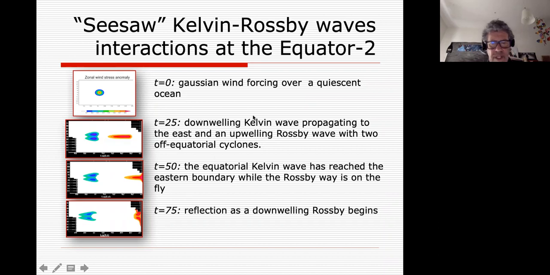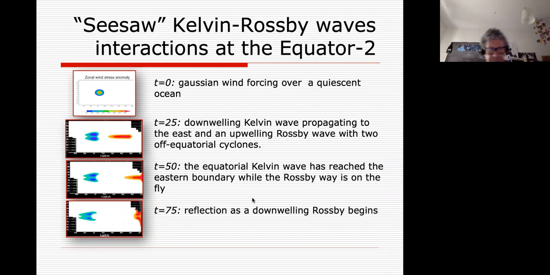The red, as I told you, means a higher H, or a deeper thermocline, while the upwelling Rossby waves, which are a bit off the equator, are equatorial Rossby waves that have two cyclonic patterns, so two positive off-equatorial patterns moving westward.